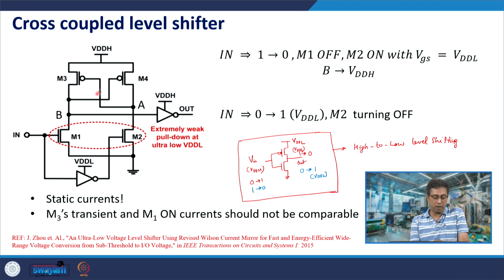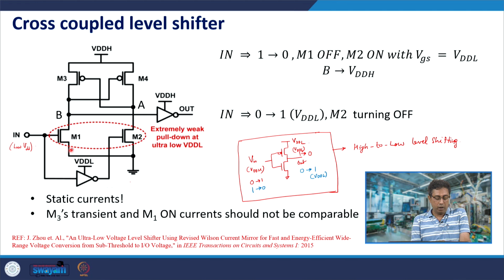So, this is a cross coupled level shifter, where this is the input at the lower voltage level, VDDL, and you would see that this supply voltage is higher. A and B would switch from 0 to VDDH and from VDDH to 0. So, the output voltage that you see would be 0 to VDDH, and the input voltage is 0 to VDDL, the lower voltage.